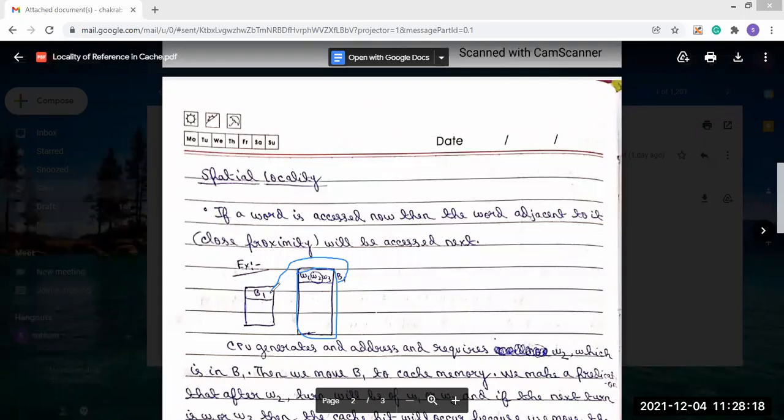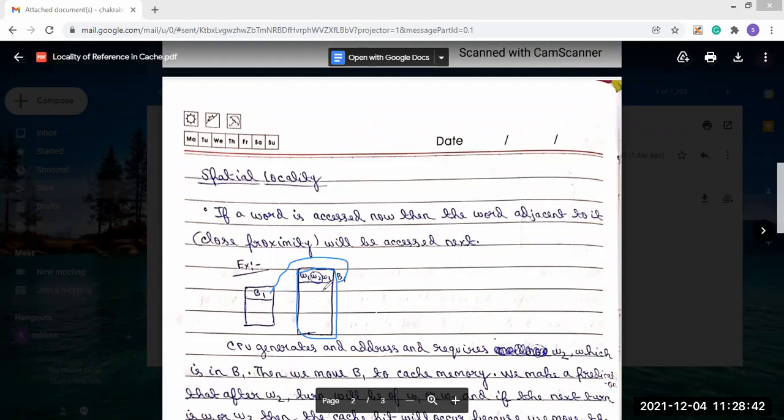We transfer that particular block into the cache, and that block will be present in a line of the cache. From there the CPU will access it. Word number 2 is present inside block 1, so we have to move all of that block to the cache.